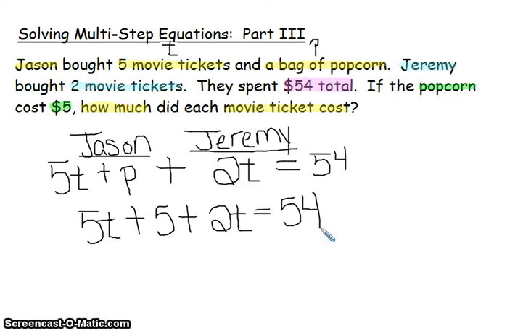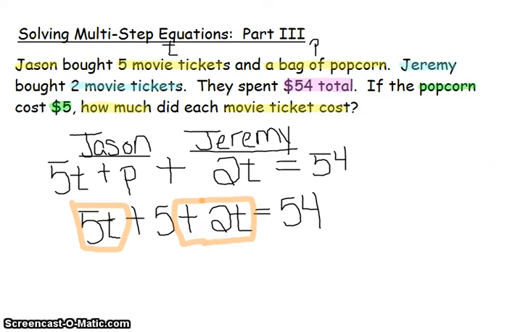Multi-step equation. So multi-step equations, when you look at this, look for like terms. And you should automatically see like terms here. We've talked about an example that looked very similar to this. We have a 5t here, and we have a 2t. Actually, I need to include the plus sign in front of that 2t because we need to make sure that we understand that that's a positive 2t or plus 2t.